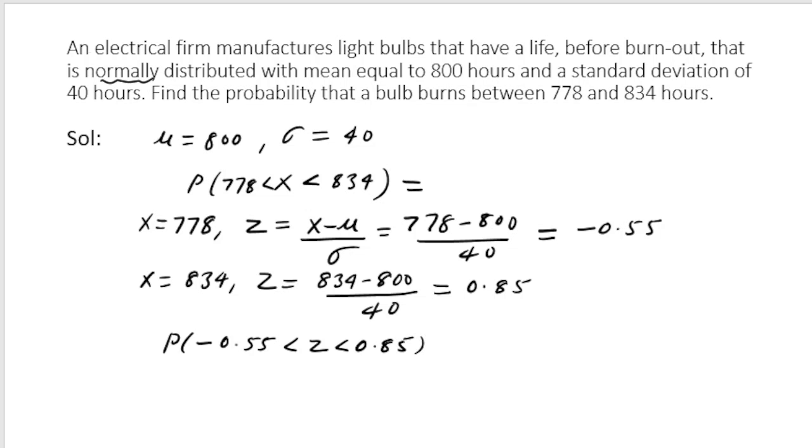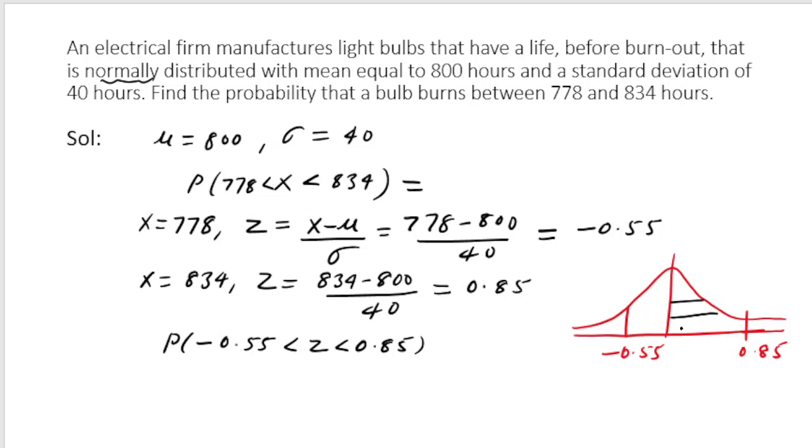Basically, if you look at the normal distribution curve, for your convenience I am drawing it again, and it is always better to draw it so that there is no scope for confusion. Suppose this is 0.85, a positive value of z, and this is minus 0.55. We have to calculate the area under this. That will be the area from minus 0.55 to 0 plus the area from 0 to 0.85. To calculate this I will use the symmetry.